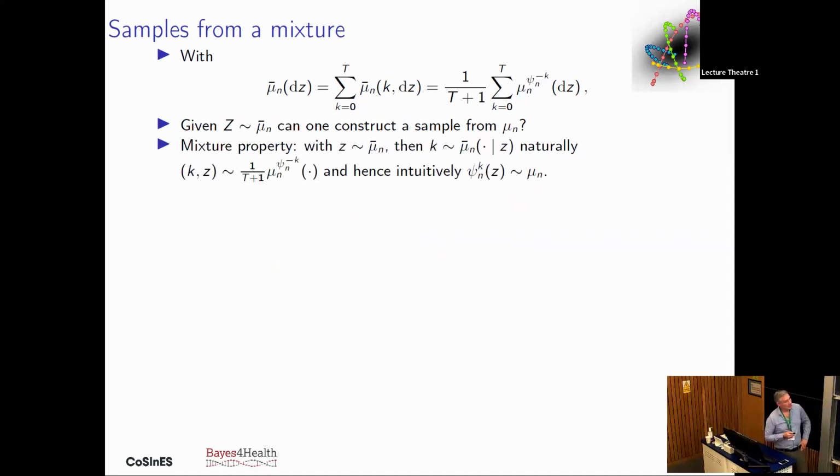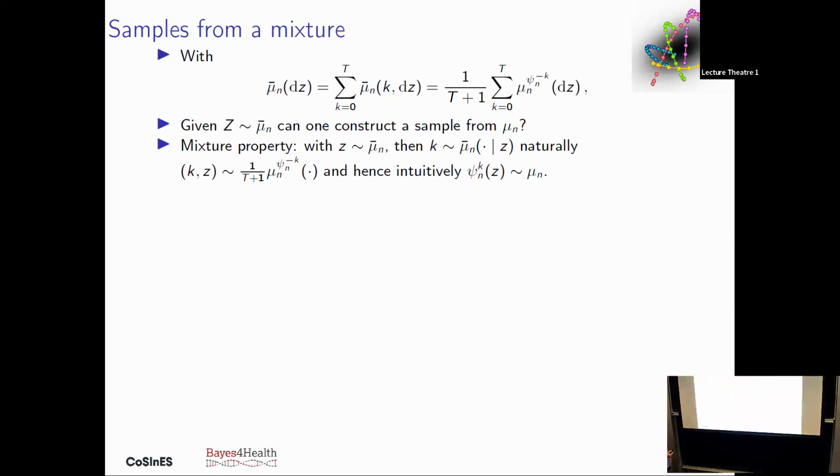And basically the intuition is the following, is that I give you the sample from mu bar n, and I sample k from the conditional distribution. So you see this mu bar k dz is 1 over t plus 1 times this distribution, the push forward.